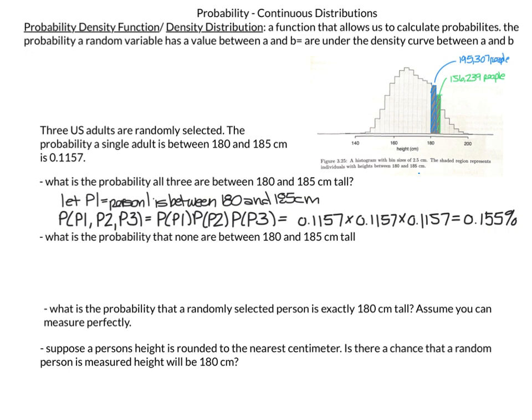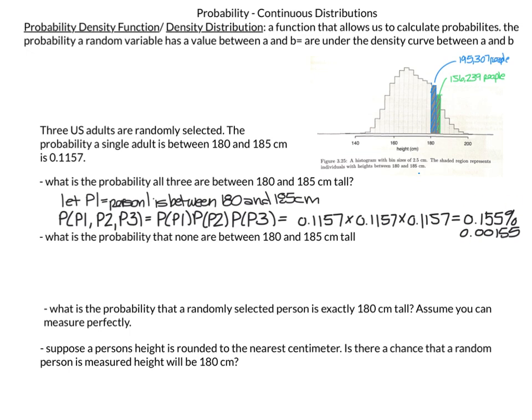So that's equal to 0.1157 times 0.1157 times 0.1157, which is 0.115%. Remember, this is a percent, so it's like moving the decimal over 2 places. It's the decimal form of this percentage.